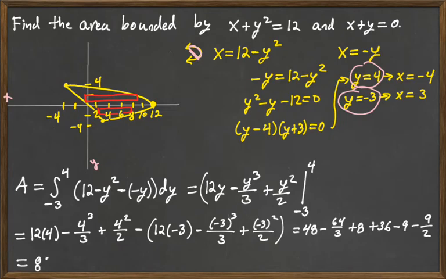Okay, so combining our like terms, 83 minus 64 over 3 minus 9 over 2. So get a common denominator here, which is 6.